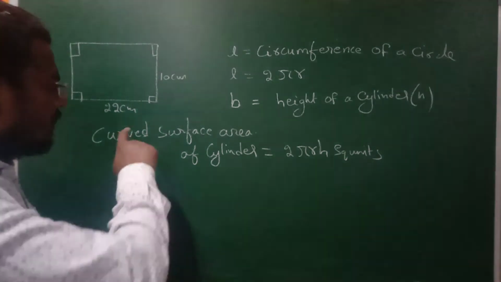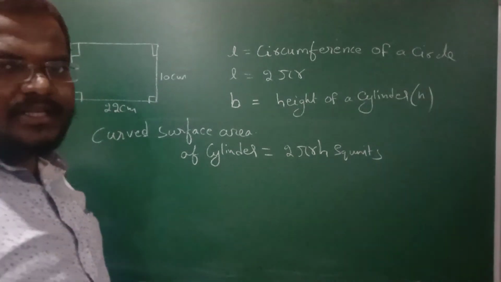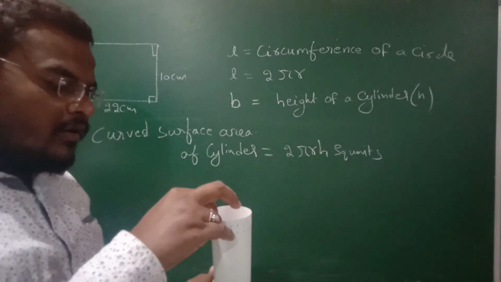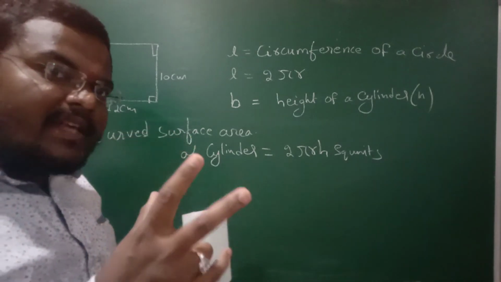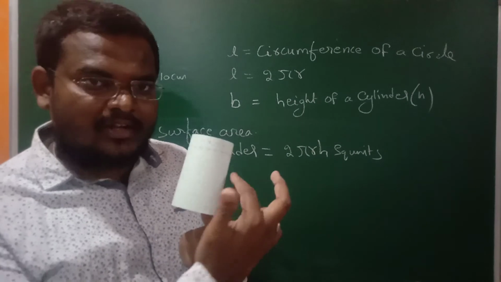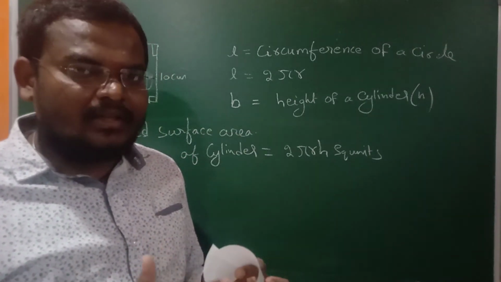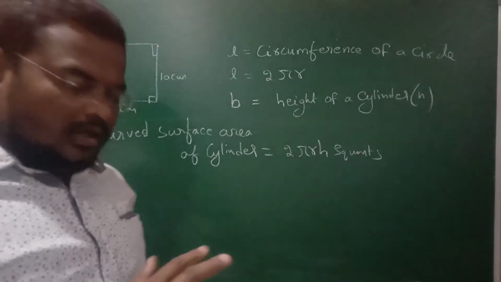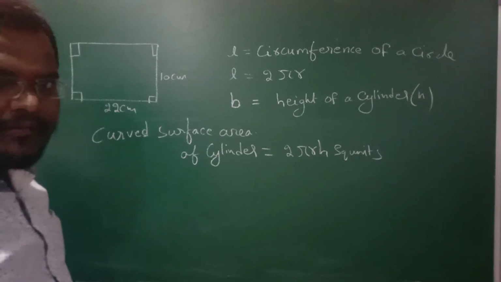We know that the curved surface area of a cylinder is equal to 2 pi r h square units. For the total surface area, we need to include the other surfaces too. Already we know the curved surface area. Now, what other surfaces are there? The bottom surface as well as the top surface, right? So we need to calculate that too.